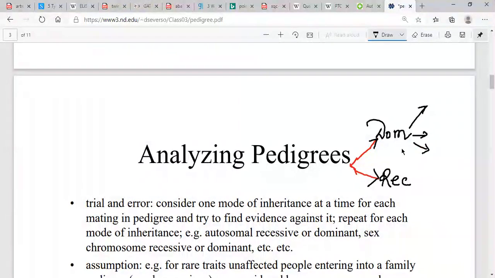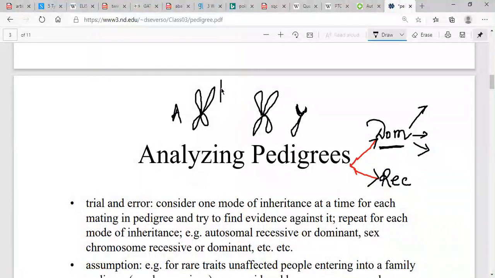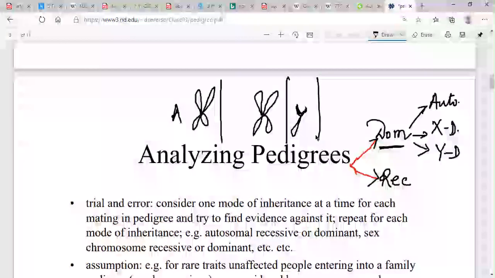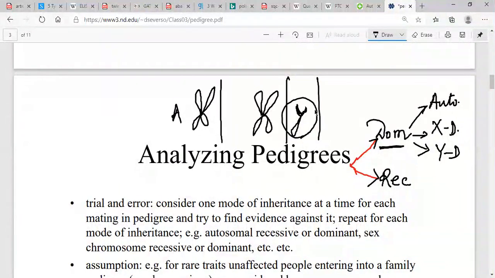There are 3 different types of pedigree based on the chromosome that we carry. We carry the X chromosome, we carry a small Y chromosome in males, and also we carry the autosomes. So depending on the chromosome, it could be autosomal dominant, X-linked dominant, or Y-linked dominant. But remember, if a Y chromosome is carrying any disorder, it definitely gets expressed in the male.